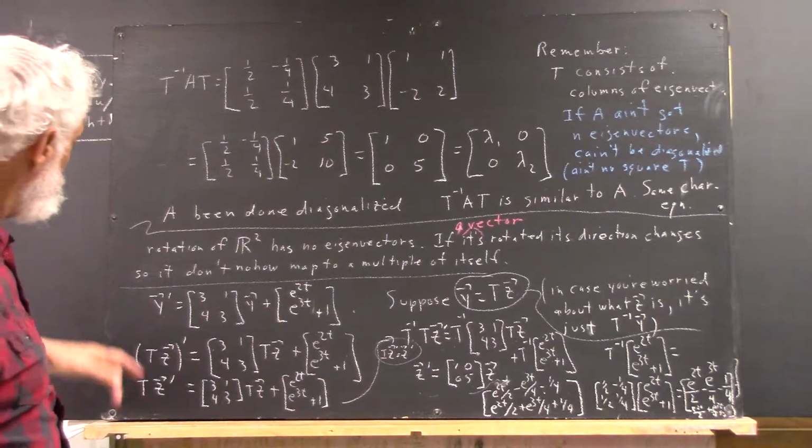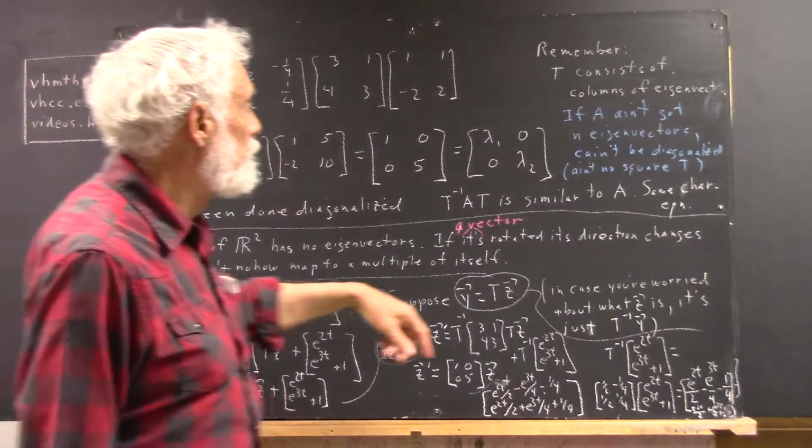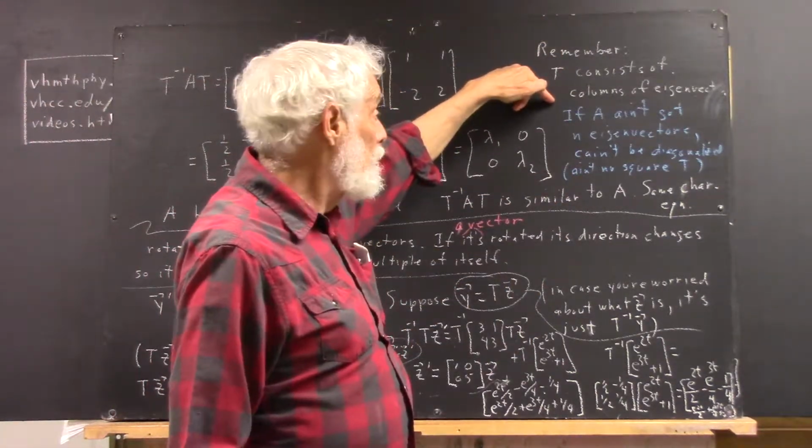Okay, we've completed the previous discussion. Remember that T consists of columns of eigenvectors.